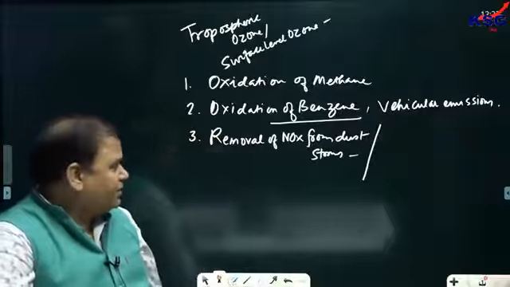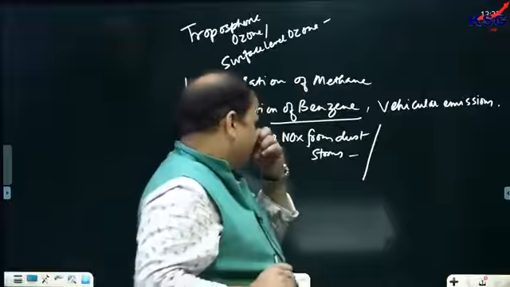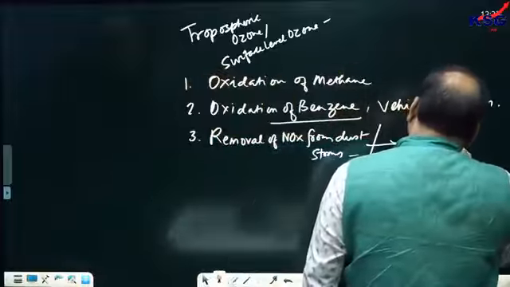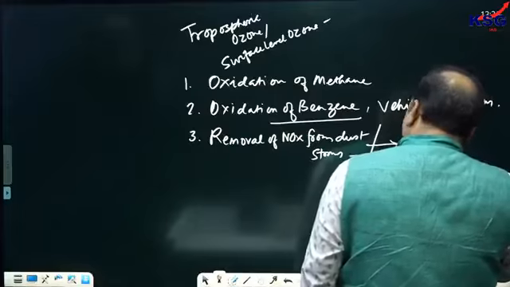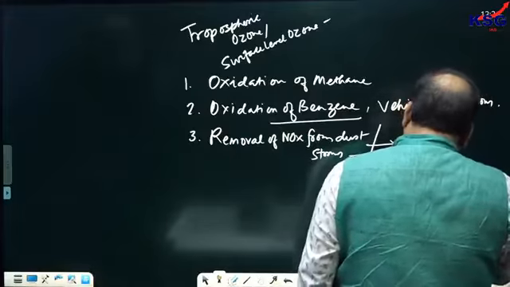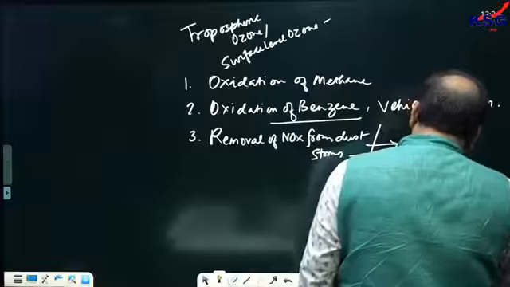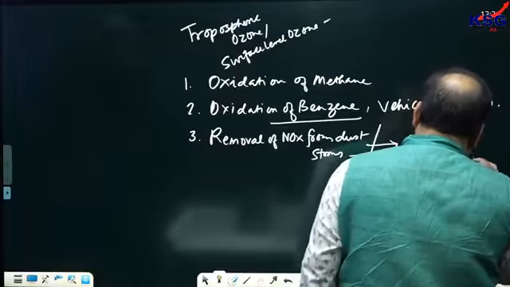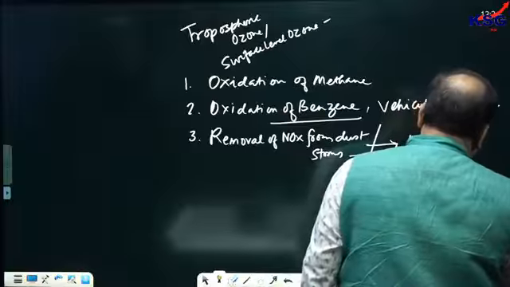Write down, because in NOx, nitric oxide is present. In NOx, because it's a combination of nitrogen dioxide and nitric oxide.